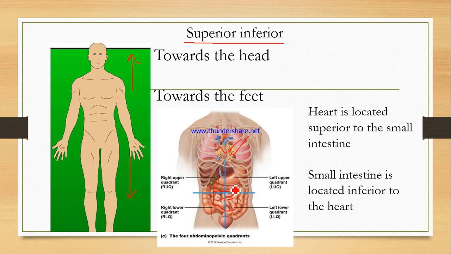So I can tell this heart is located superior to the small intestine, because if I take small intestine as reference, my heart is towards the head. And similarly, if I take heart as reference, my small intestine is towards the feet, that means it is inferior. So I can tell the small intestine is located inferior to the heart.